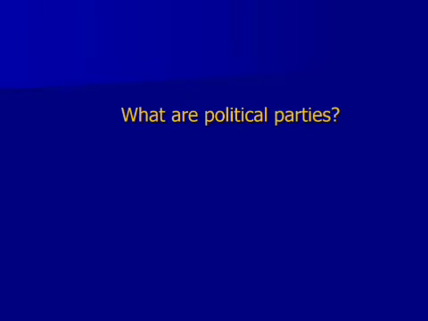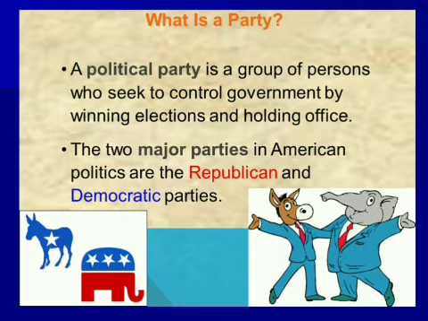So let's talk about political parties. What are political parties? We spoke about interest groups, lobbies, elite of society. So let's talk about political parties. They are a group of persons who seek to control government by winning elections and holding offices. So we can see examples from American parties.